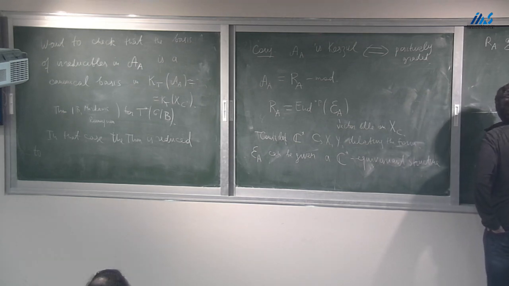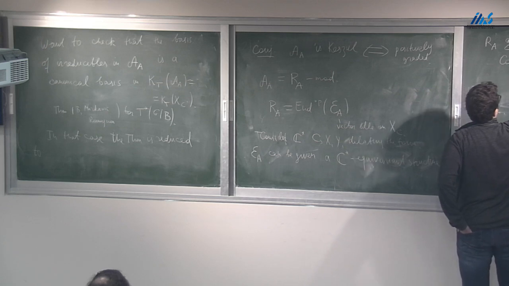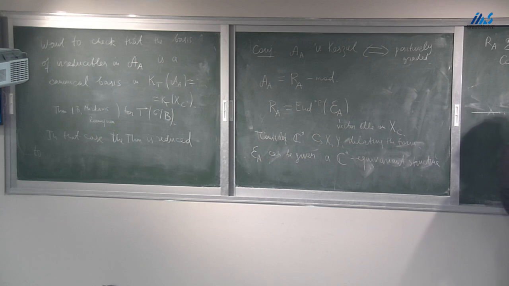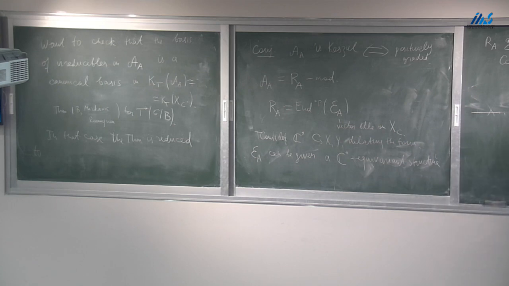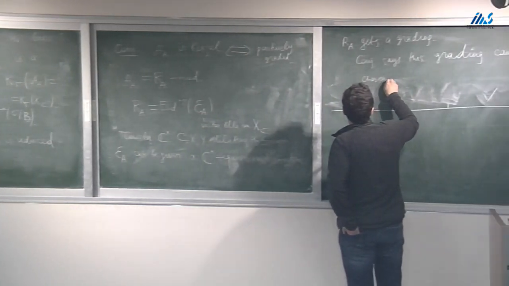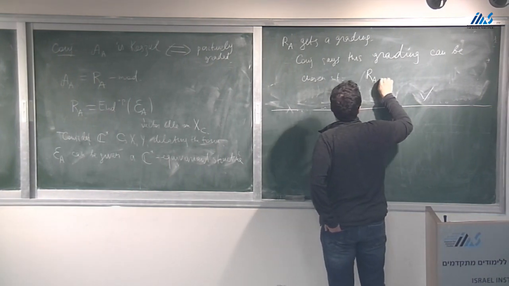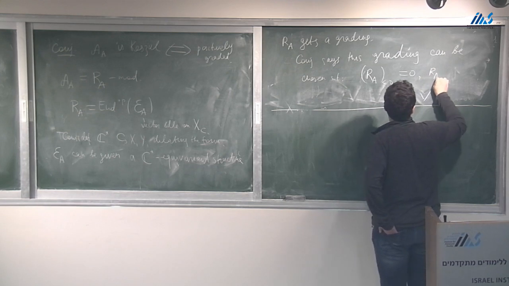The content of the conjecture is that this grading can be arranged, there's some ambiguity in this choice of equivariance, can be chosen so that R_A in degrees less than 0 is 0 and R_A in degree 0 is semi-simple.